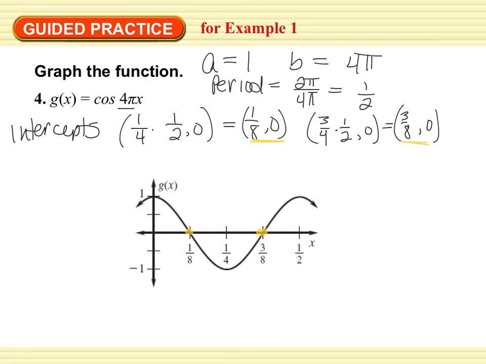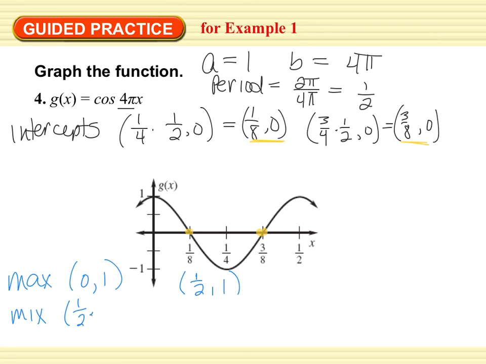And then the maximum is going to be at the beginning, 0, amplitude. And then again at the end, which is the full period, comma, amplitude, and then the min is halfway.